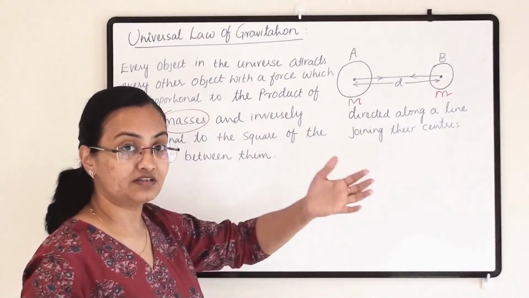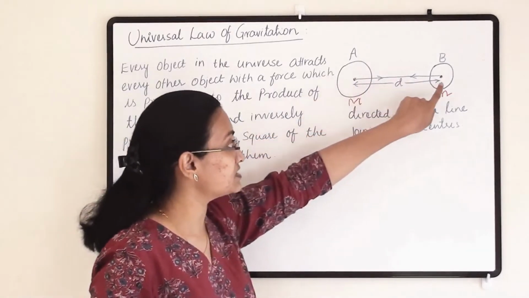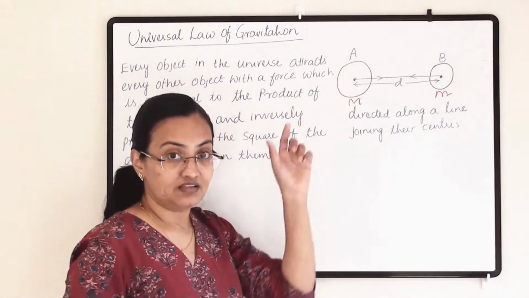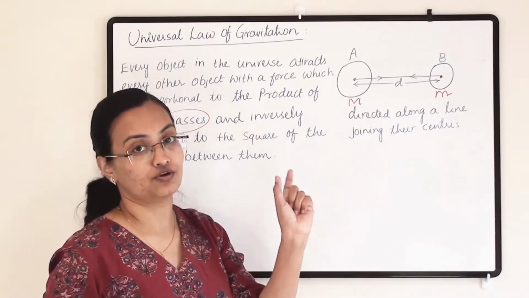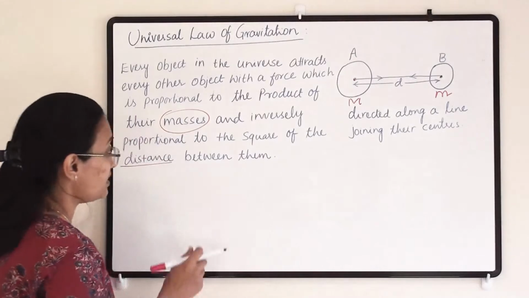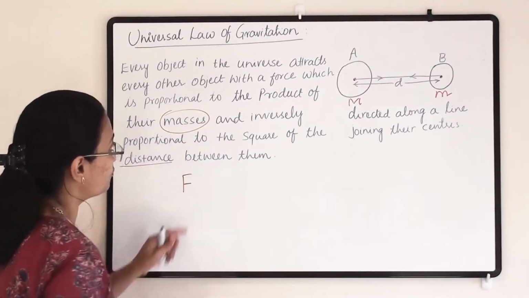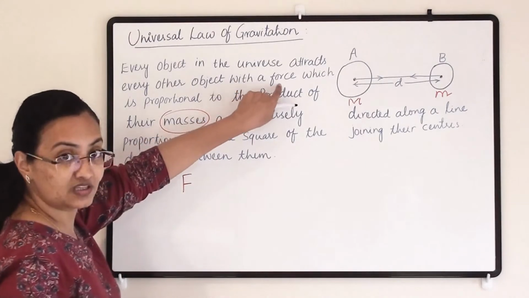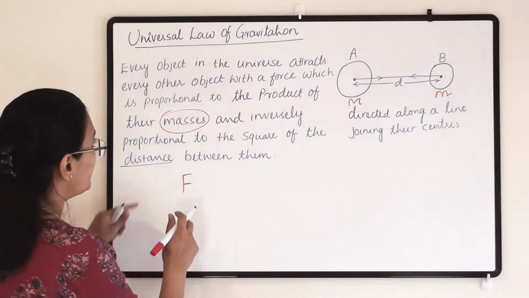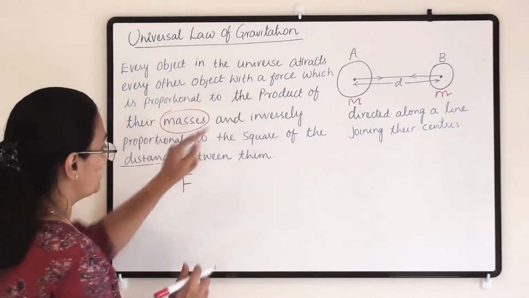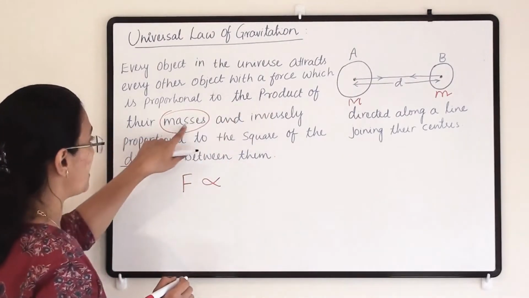So how are we calculating that distance? From the center of the first object to the center of the second object. That we consider as the distance between any two objects. Now let us derive the equation and mathematical formulation. The force acting between them, we take as capital F. It is directly proportional to the product of their masses.